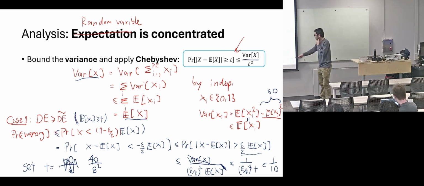So it means that we are wrong with about 10%, so we are correct with 90% in this case. So you just analyze it and try to set t so that this is small enough, so that you're good with your objective.